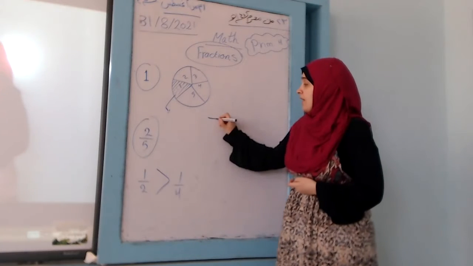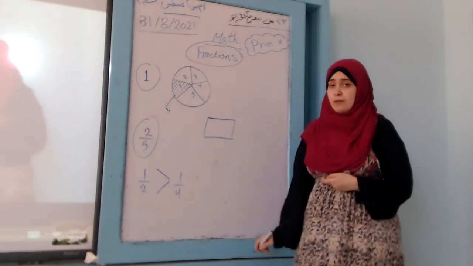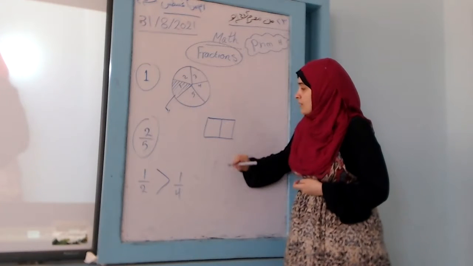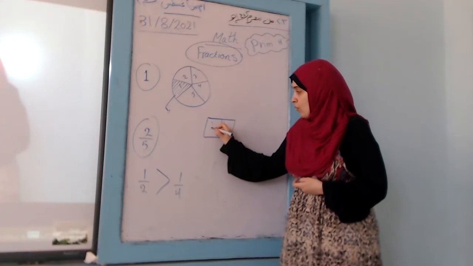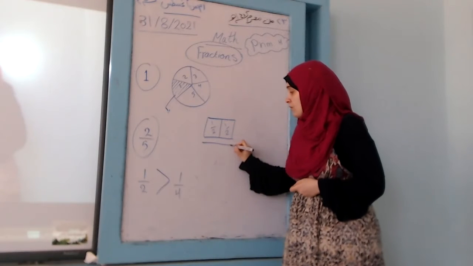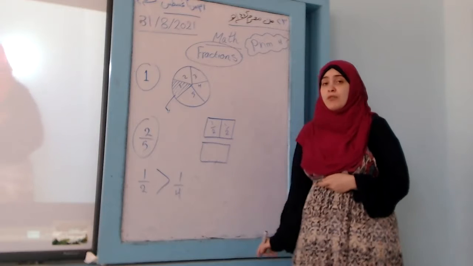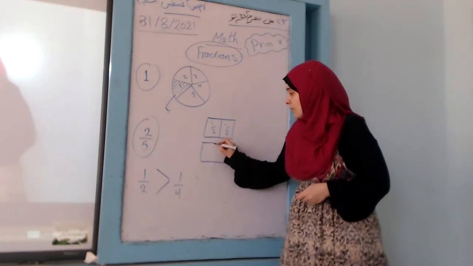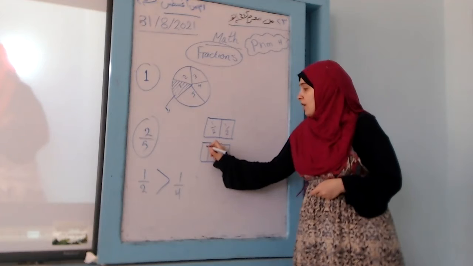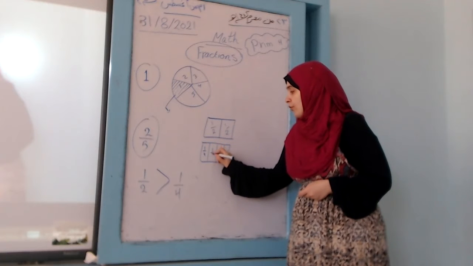If I have a rectangle and divide it into two parts, I have 1/2 and 1/2. The same rectangle divided into 4 parts: 1, 2, 3, 4, each one is 1/4.